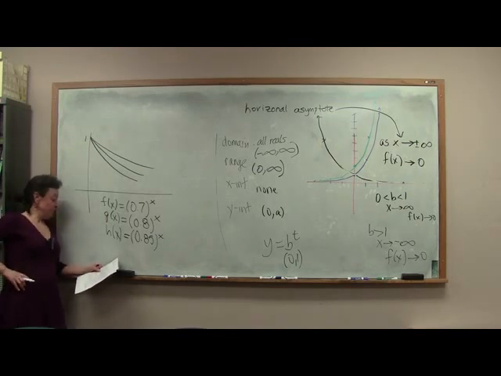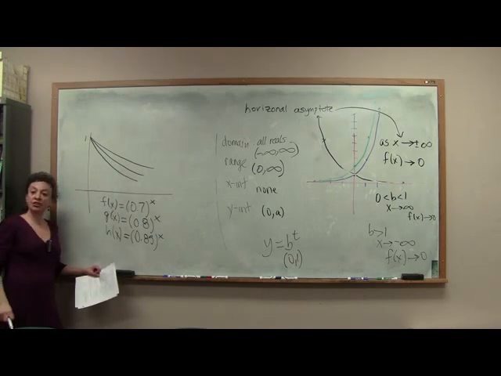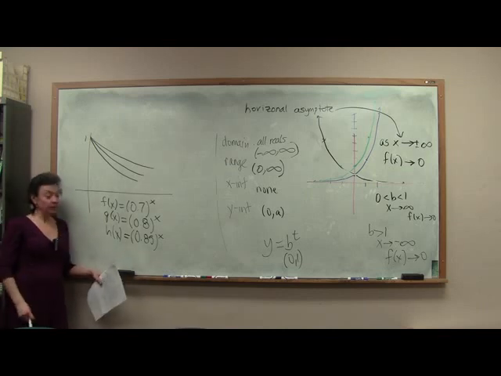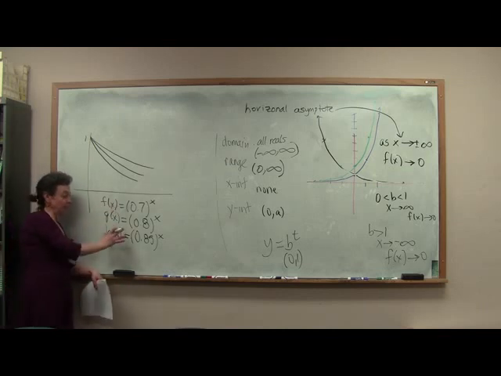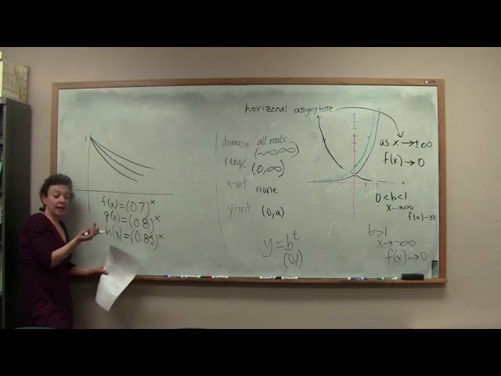And what I would like to know is, can we match these formulas with each of these graphs? And I claim that the answer is absolutely. Again, these are relative to each other. There's a couple ways you can look at it, and they're actually equivalent.